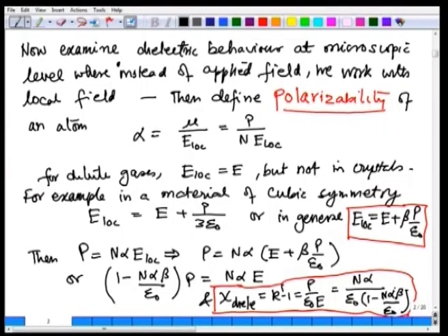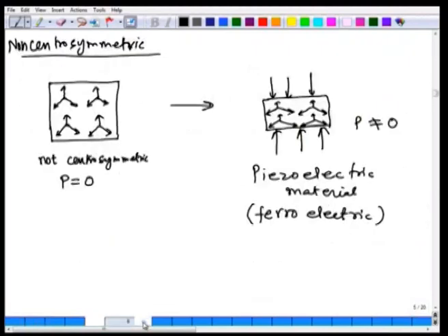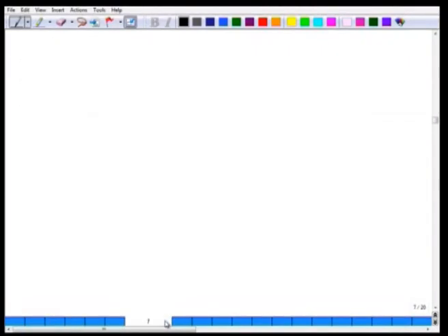In fact, let me write this expression one more time. The expression I had written is that K prime minus 1 is equal to n alpha epsilon naught over 1 minus n alpha beta by epsilon naught.